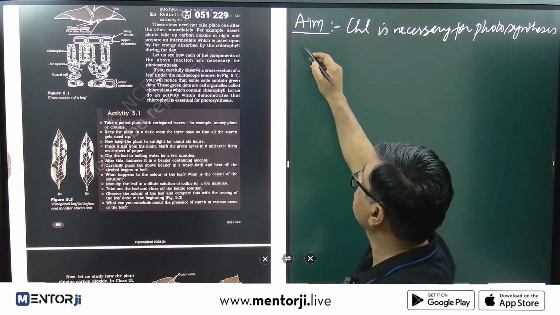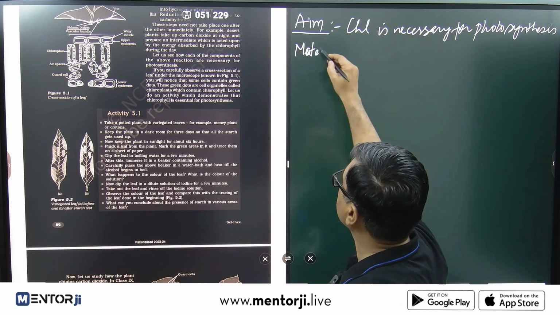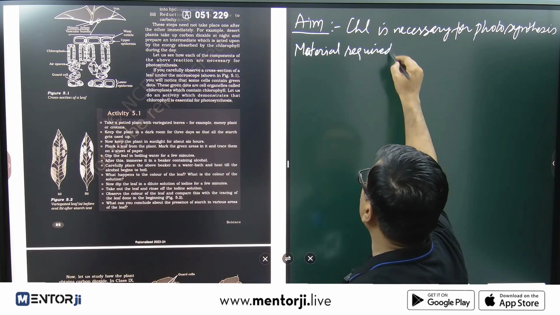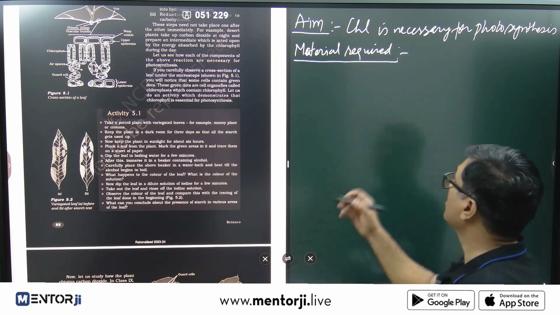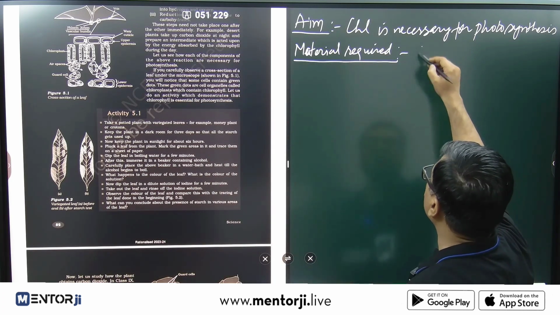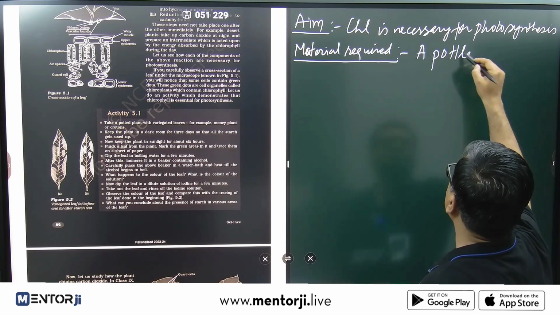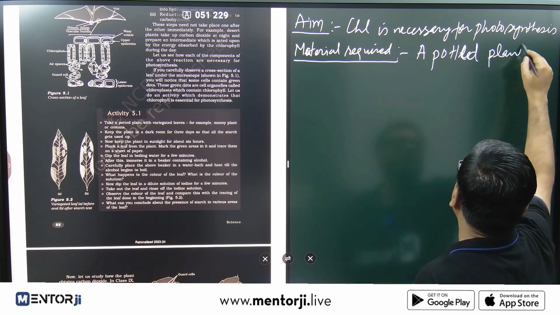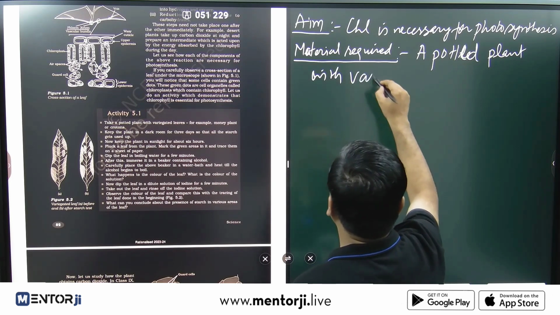Second is the material required. What materials do we have to take? First, we have to take a potted plant with a variegated leaf.